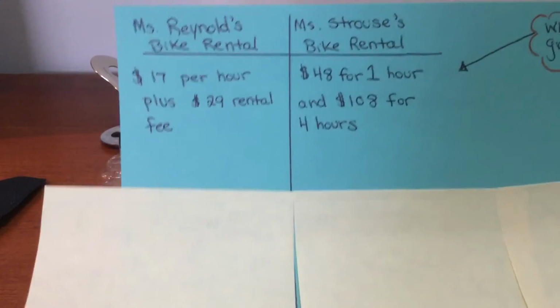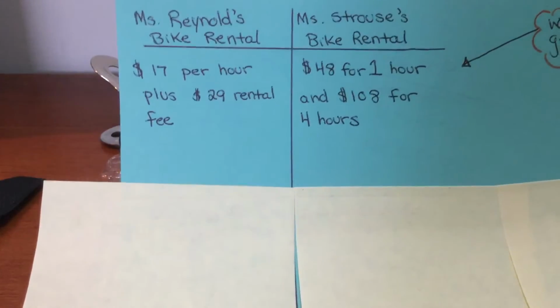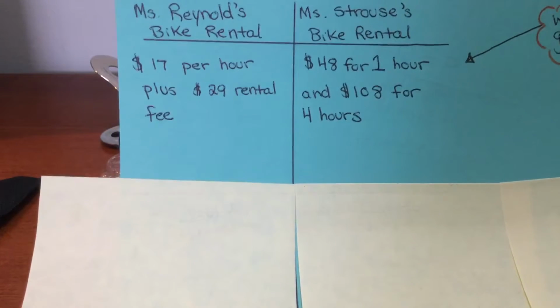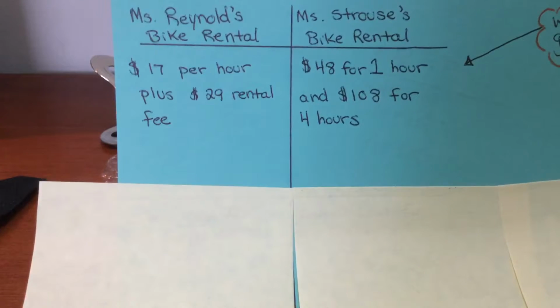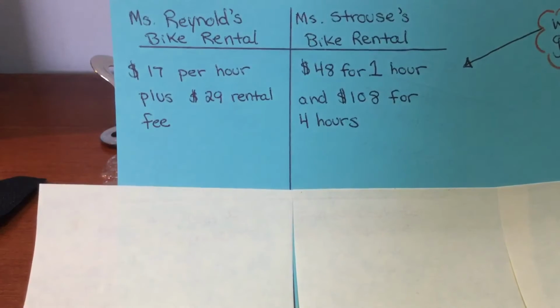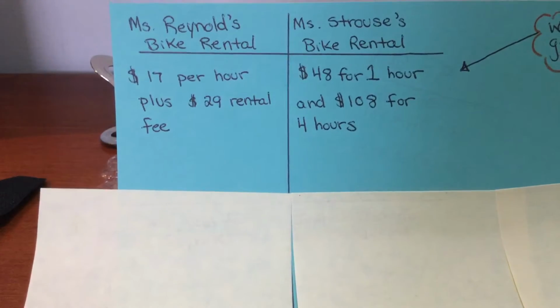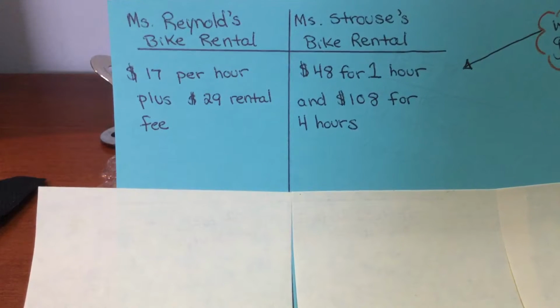So what I want you to do is look at these two teachers' information, pause the video, and decide for me which one has the greater initial cost. So now go ahead and pause the video.